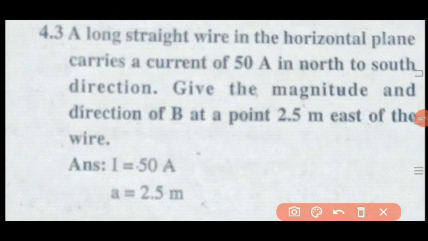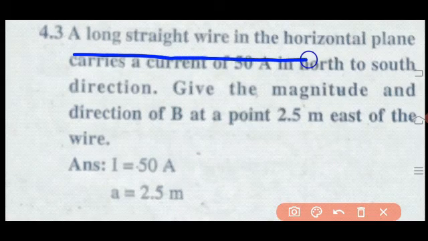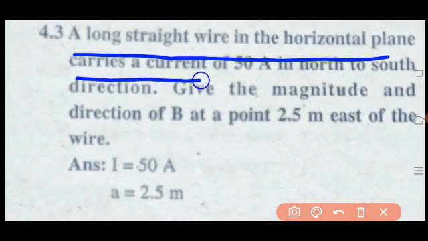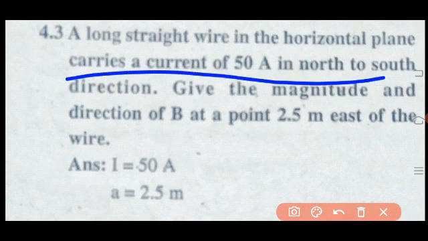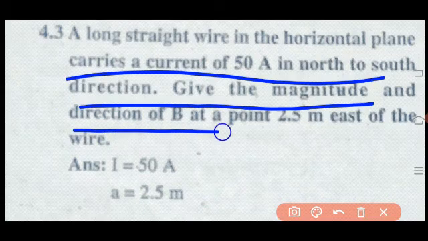The question number is 4.3. A long straight wire in the horizontal plane carries a current of 50 amps in the north to south direction. Give the magnitude and direction of B at a point 2.5 meter east of the wire.